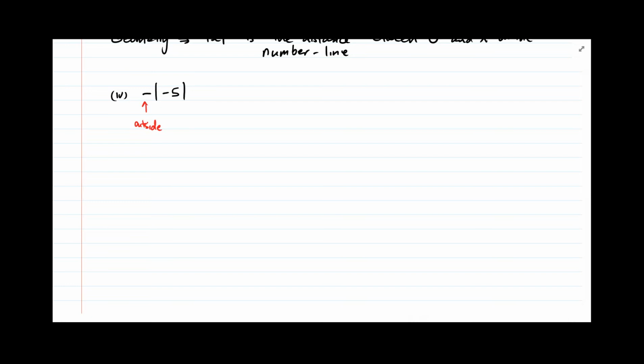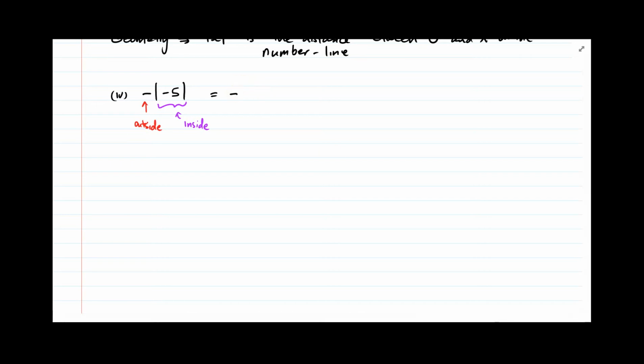So it's almost like a grouping symbol. So here, essentially the absolute value is our grouping symbol. We're going to work on the inside first, just like you had followed your order of operations. And in doing this, when I evaluate, I'm going to bring back the outside minus sign.